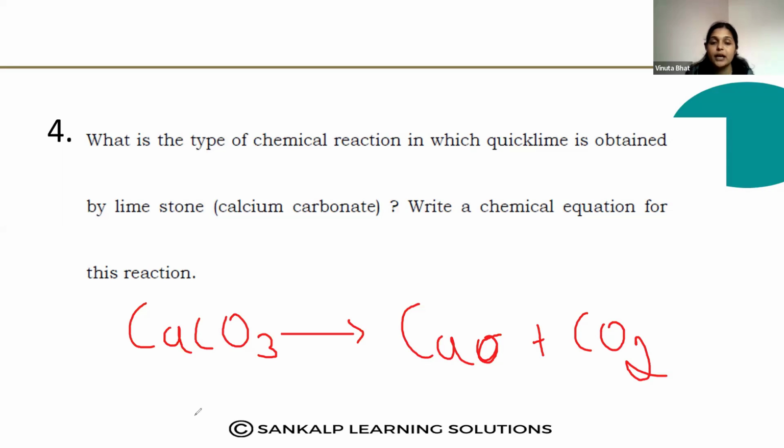This is the decomposition reaction. You should write the balanced chemical equation for this reaction, and as well as mention the type of the chemical reaction. Already we know this type of question, please note down the answer.